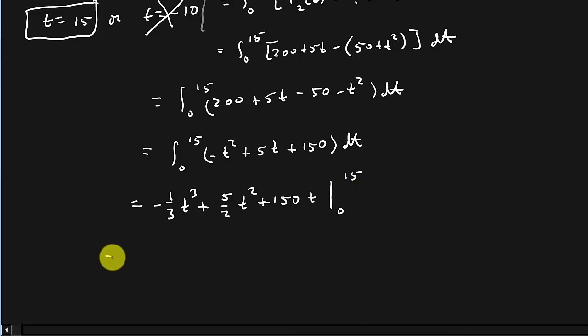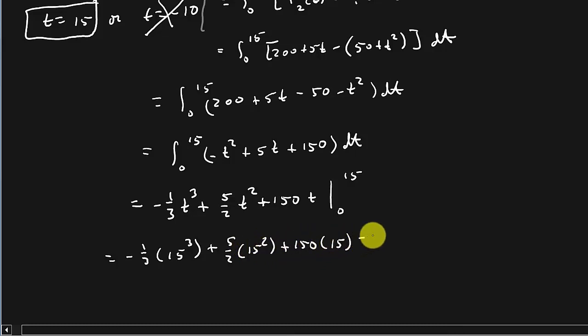Now let's plug this in. That's negative 1/3 times 15 cubed plus 5/2 times 15 squared plus 150 times 15, minus what we get when we plug in 0. But if you plug the 0 in, that's just going to be 0.